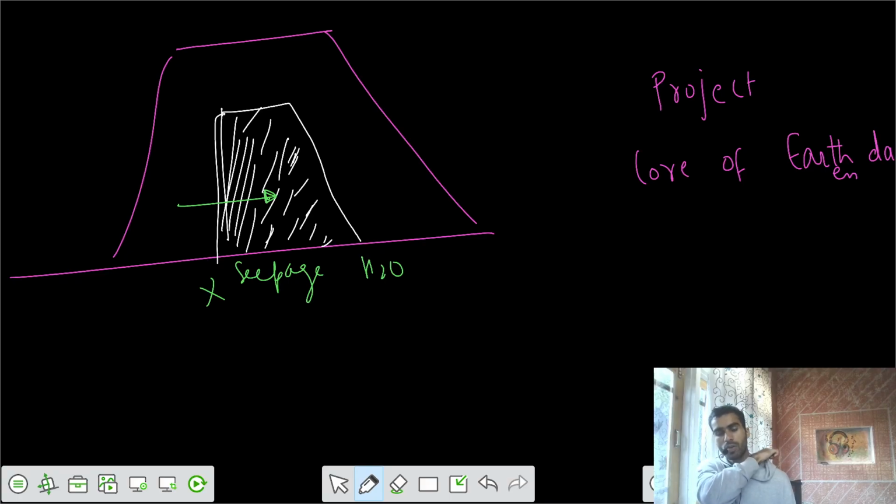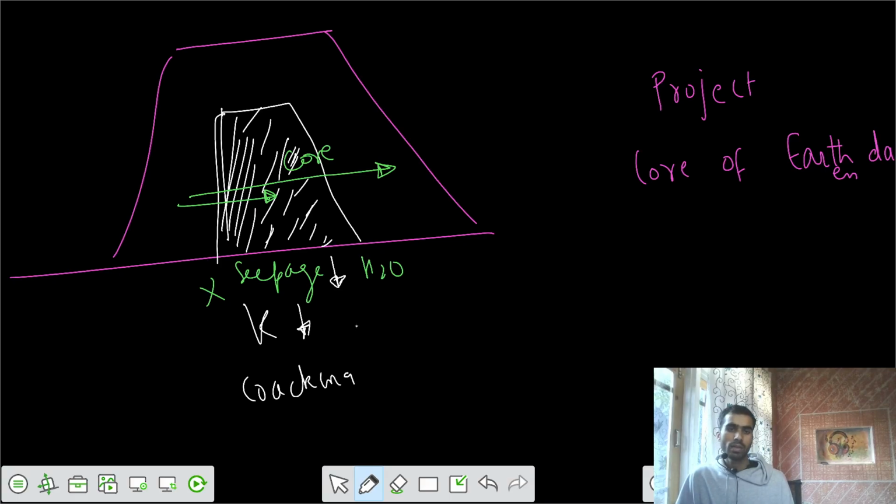That means no water should be allowed to pass through this core. So permeability should be less, seepage should be less, and cracking should also be less.